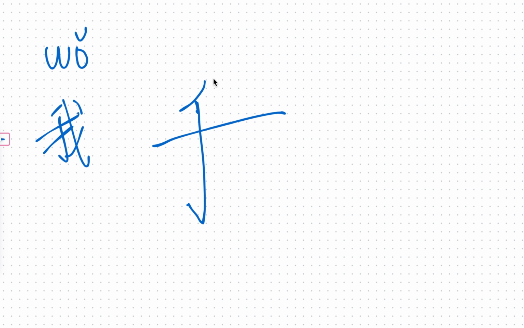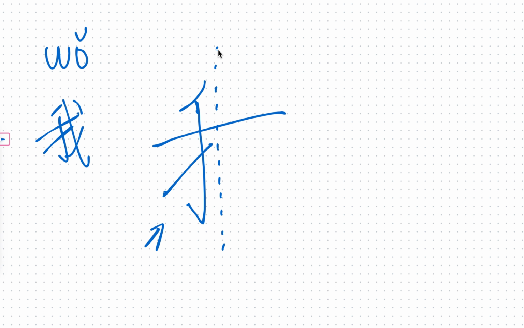Remember, this should be at the left part if you make it 2 parts. Okay, and next would be go from down to high, this direction.